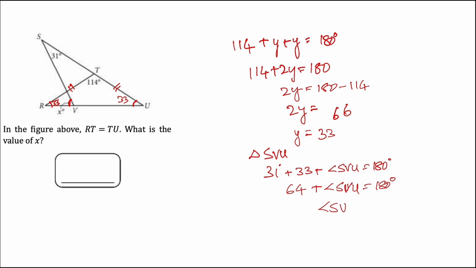Angle SVU is equal to 180 minus 64, which is equal to 116. And angle x is equal to 180 minus 116 because both of them are on the same straight line, which is equal to 64 degrees. Therefore, the value of x is 64 degrees.